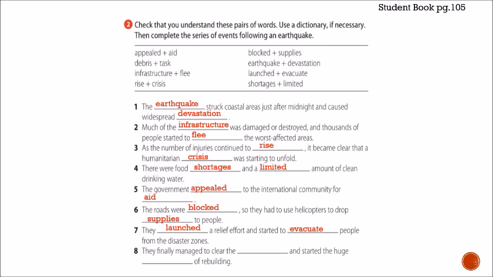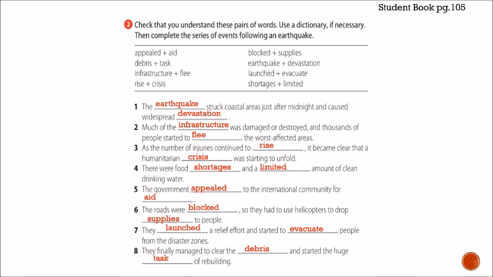Number 8, they finally managed to clear the debris and started the huge task of rebuilding, right? So remember, guys, that debris is all the leftovers when there's a disaster, like in Mexico City with the earthquakes, the buildings that go down. All the leftovers of those buildings is called the debris. Yes, so that's it, the waste, the remains of places.